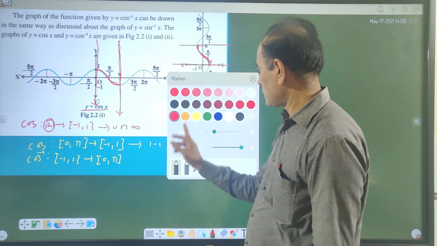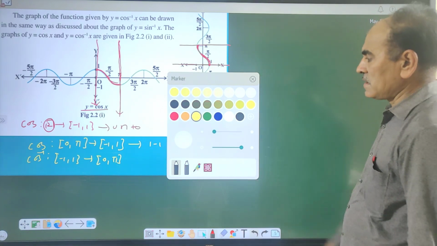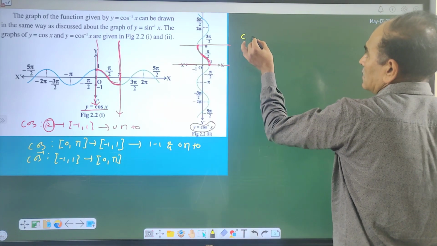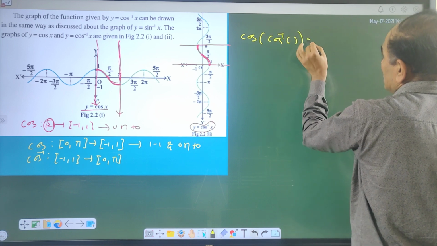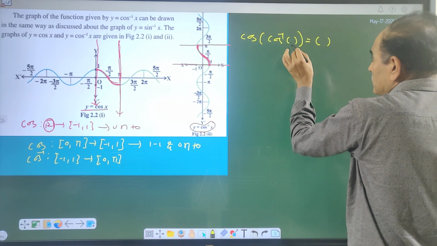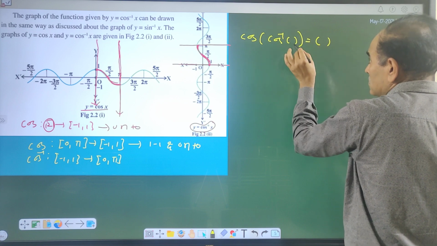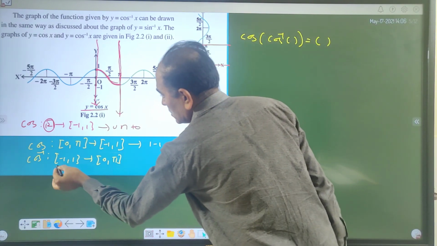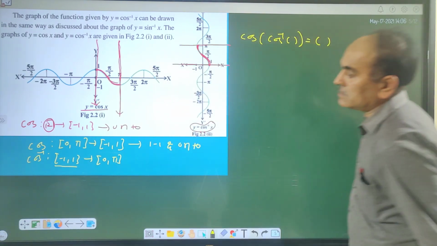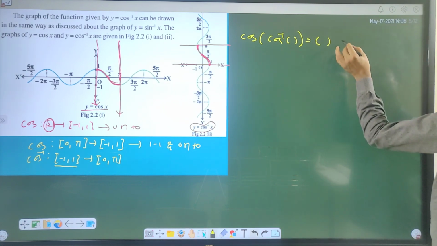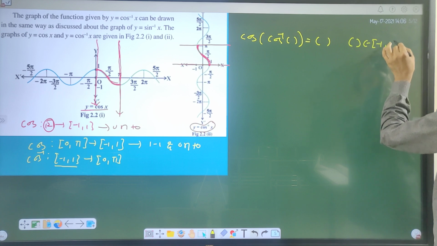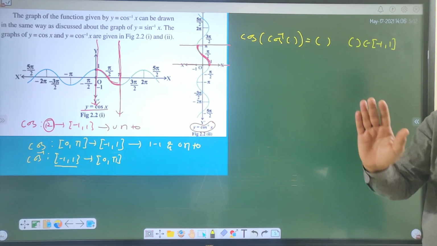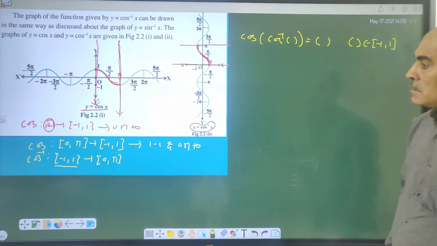Now see here, cos of cos inverse something is equal to something, from the identity function or domain of cos inverse, that is closed interval minus 1 to 1. That is possible only when that something belongs to closed interval minus 1 to 1.